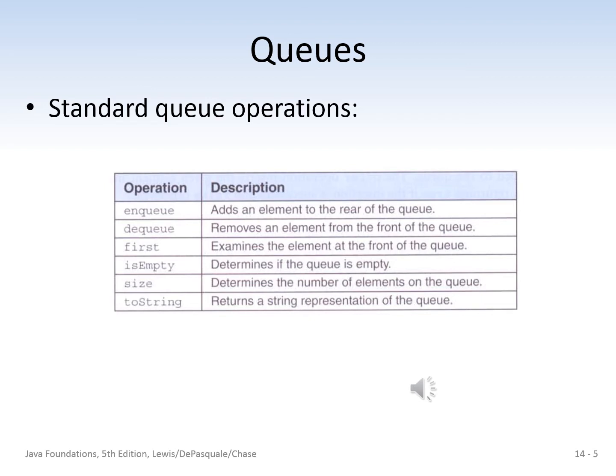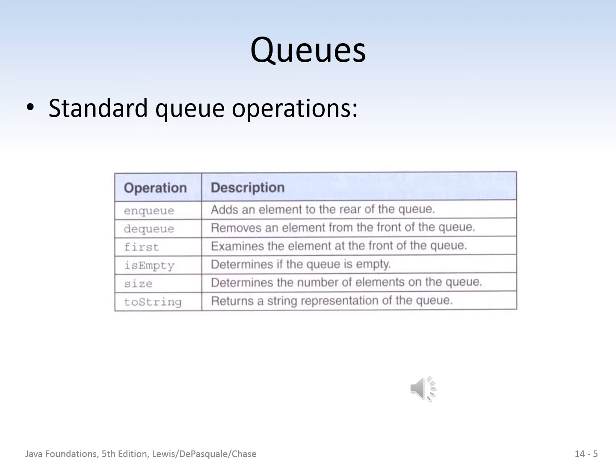If you recall, the operations for a stack were push, pop, size. We had peek. The standard queue operations are enqueue, which adds an element to the rear of the queue. Dequeue removes an element from the front of the queue.